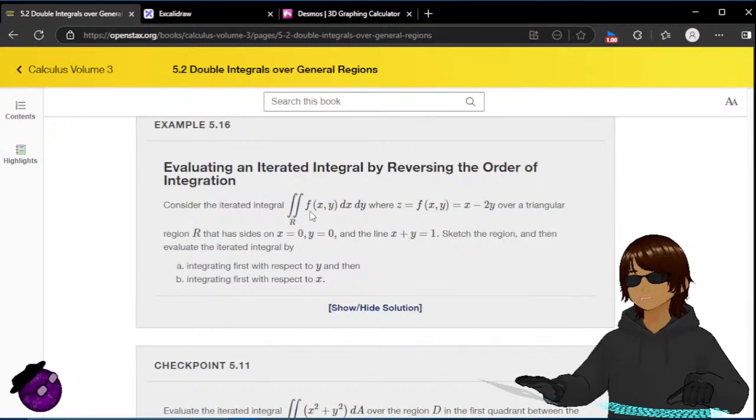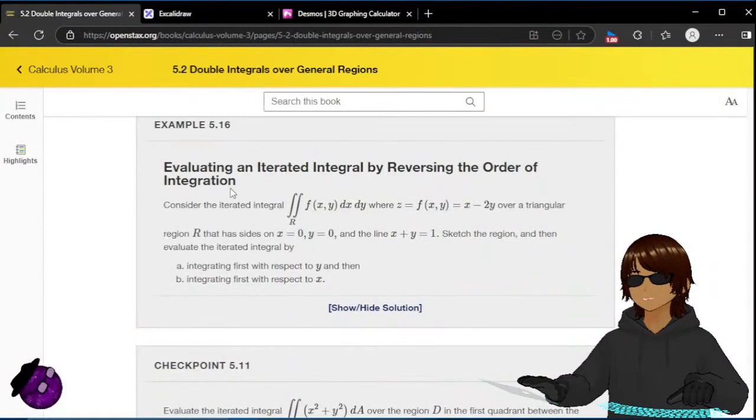Consider the iterated integral over a triangular region R that has sides on x equals 0 and y equals 0 and the line x plus y equals 1. Sketch the region and evaluate the iterated integral by integrating first with respect to y and then first with respect to x.